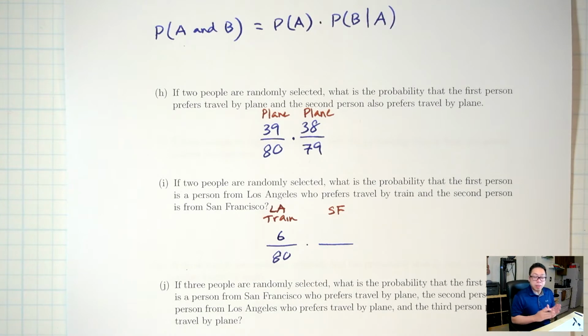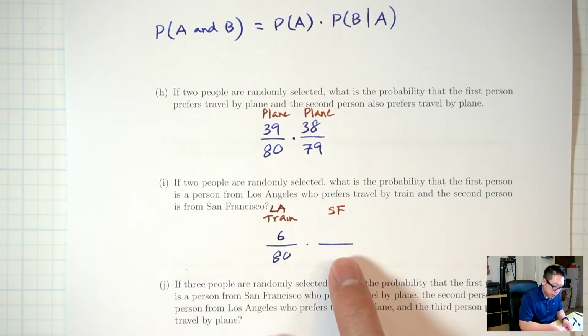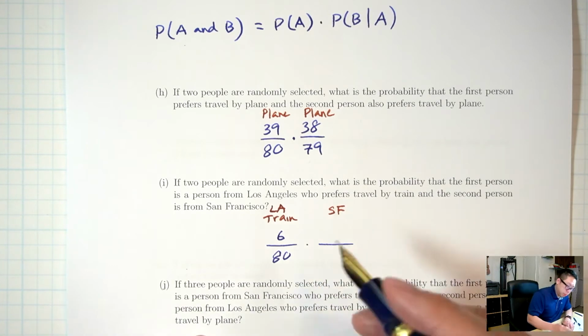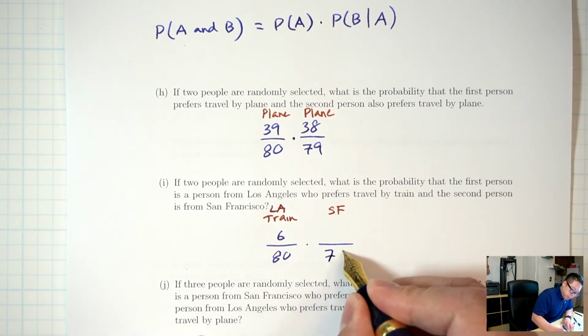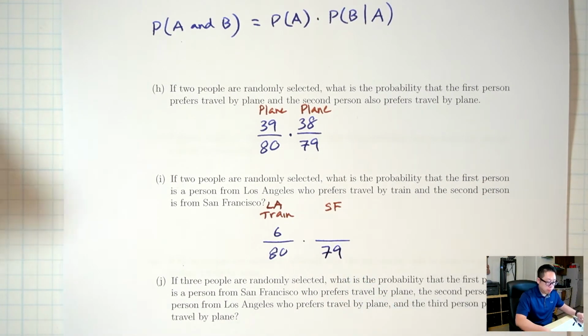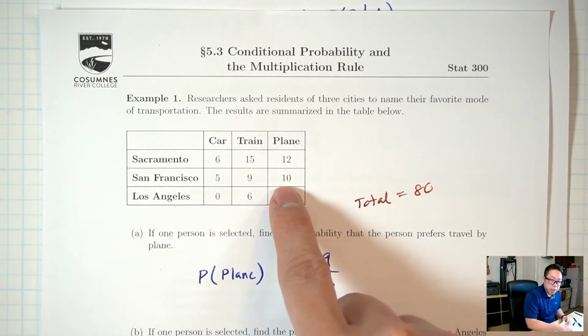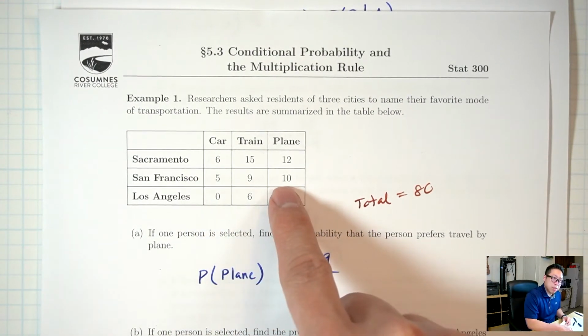Okay, and then now for the second fraction, keep in mind that we already picked one person already. So for the bottom, we should be down to 79 people. For the top, I want San Francisco people. San Francisco would be 5, 9, 10. 5, 9, 10 together is 24.